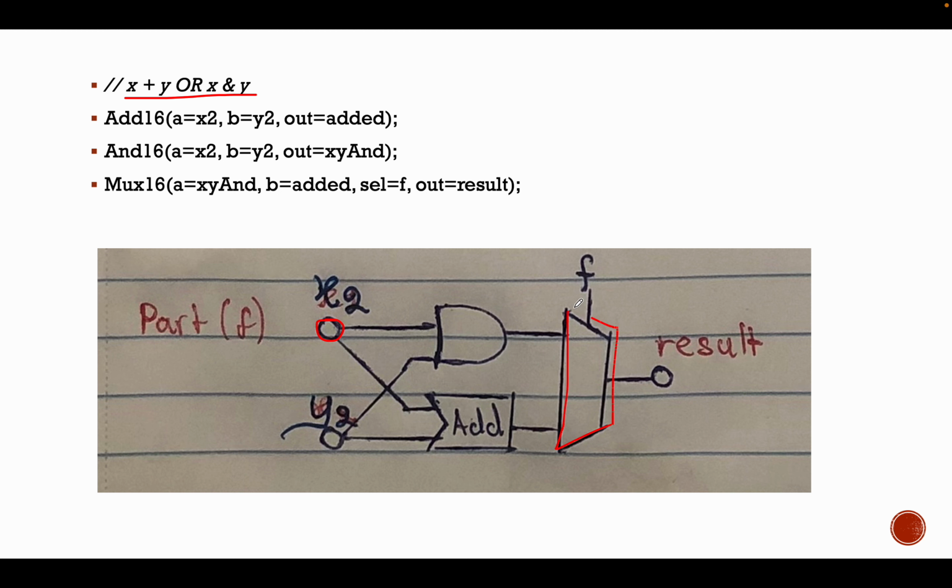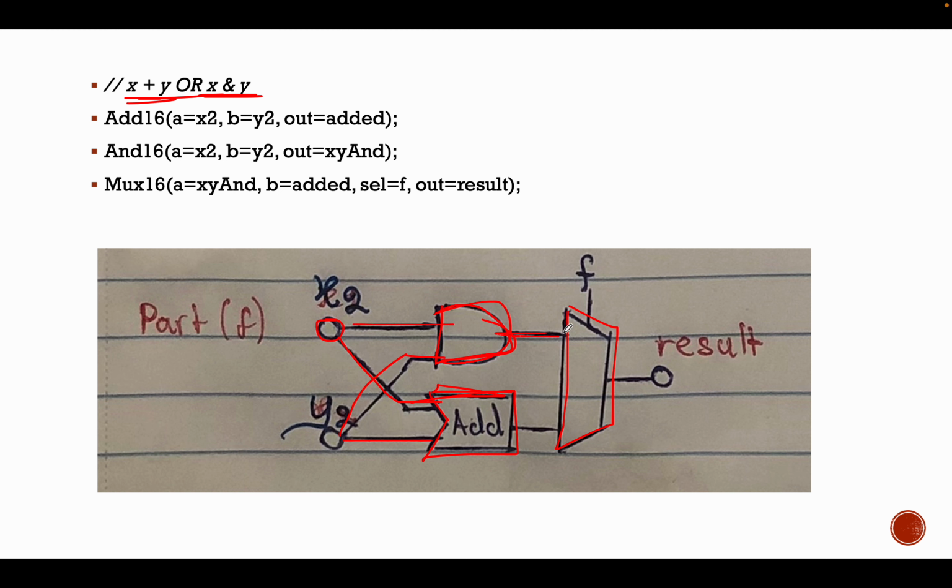Now before it goes in there, it must go into an AND gate, because remember, our function is AND or plus. So we must also have an add over here. So we have to add x and y. So x goes into the add, and y also goes into the add. Same thing for AND, y goes in here and x goes in there.